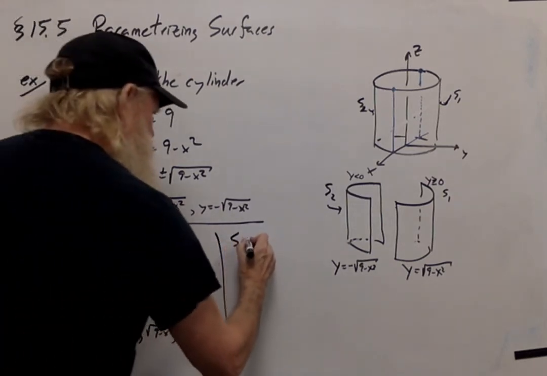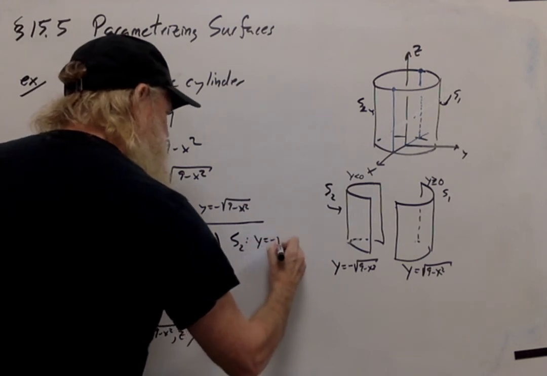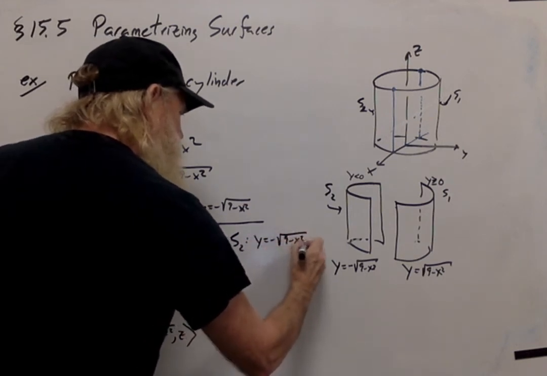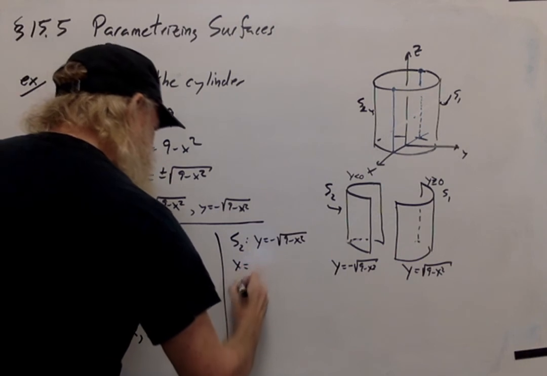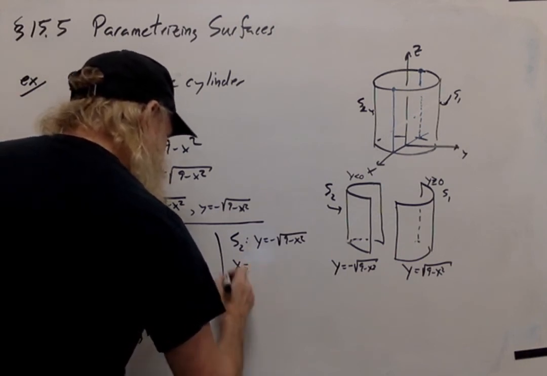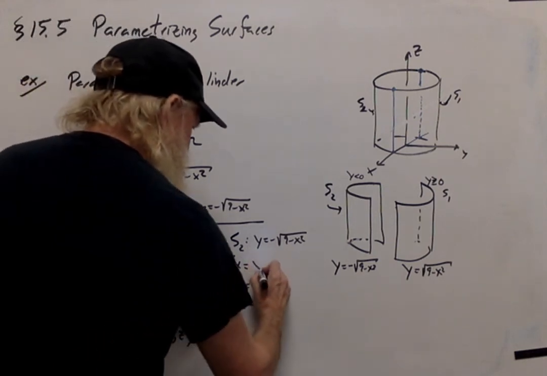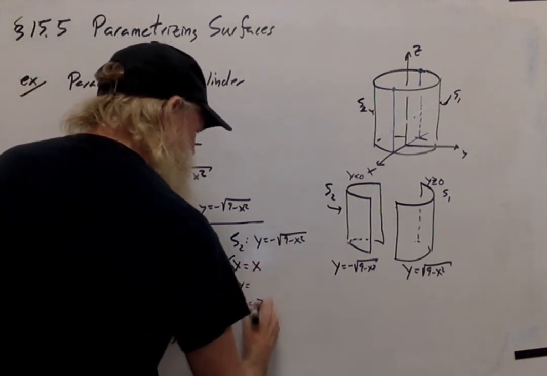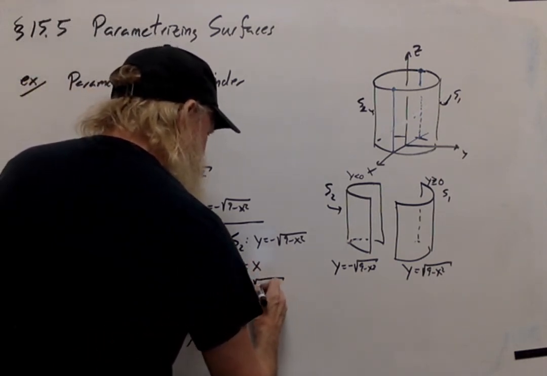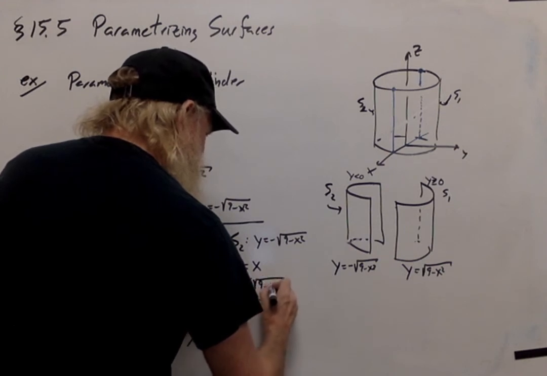And S2, where y is negative the square root of 9 minus x squared, I'm writing y as a function of x and z, so I'll let x equal x and z equal z, and then y is negative the square root of 9 minus x squared.